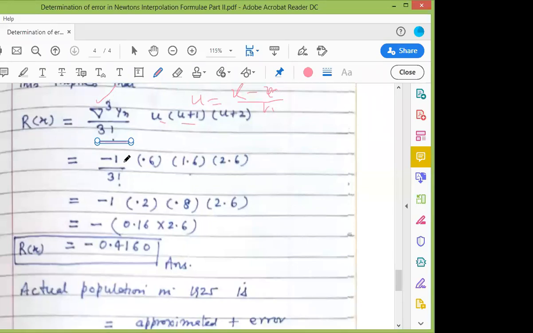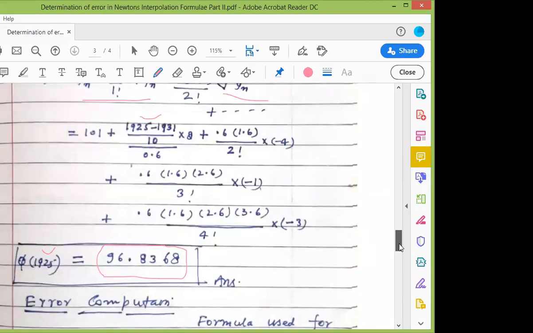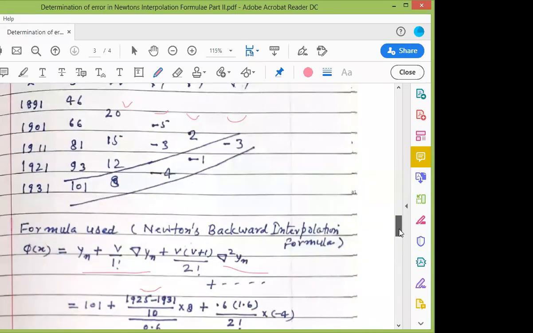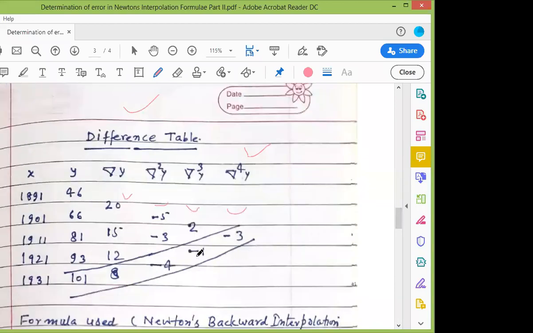So this is minus 1. Minus 1 is the third difference. Start with the bottom. You know the difference.